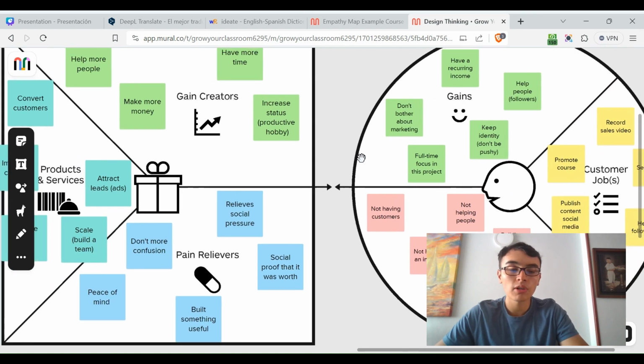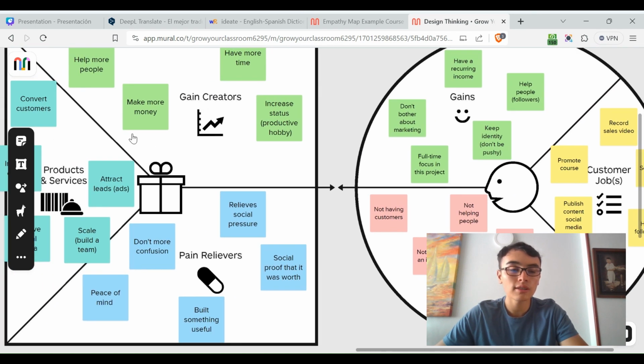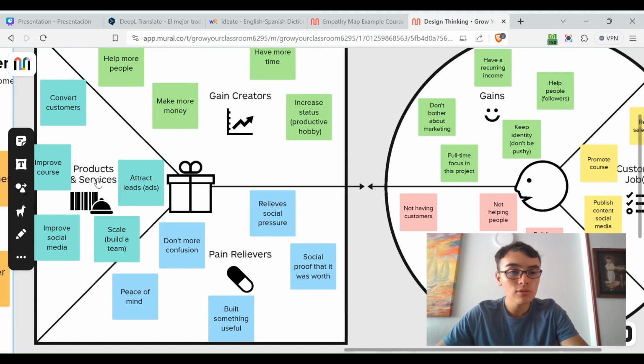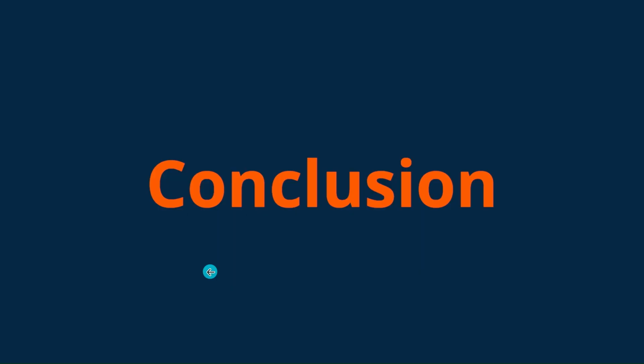And one of the biggest gain creators for them is making more money, but they don't want to feel confused in the process of sales and marketing. So, a possible product or service could be a service that helps them convert their followers into customers. This will help them make more money, but it also needs to be very clear about what process and what steps they are going to follow.